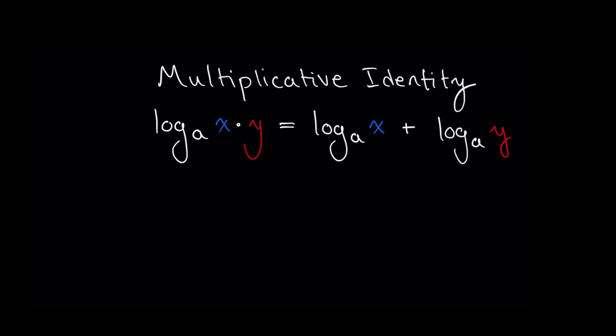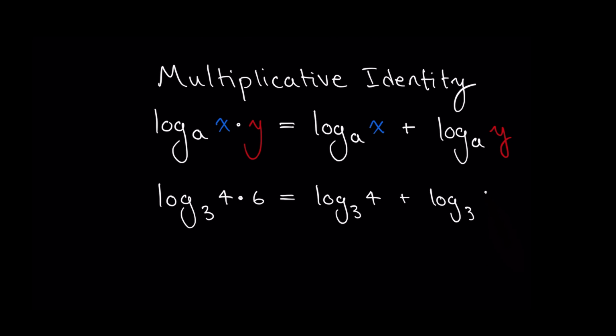So you're basically decomposing this sort of product over here and rewriting it as two components of a sum. And an example of this would be if you were to have log base, say, 3 of 4 times 6, you could break this down as log base 3 of 4 plus log base 3 of 6.